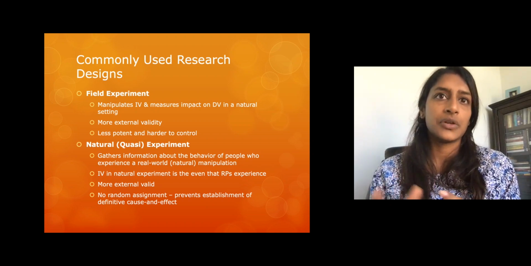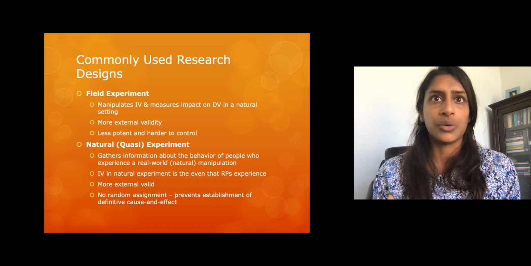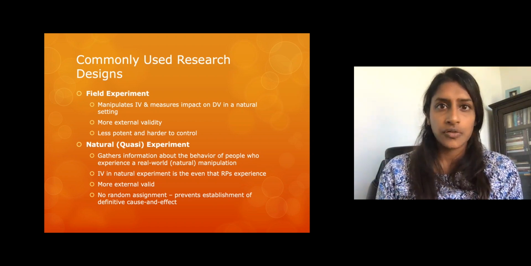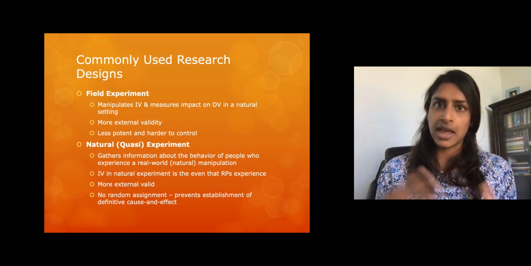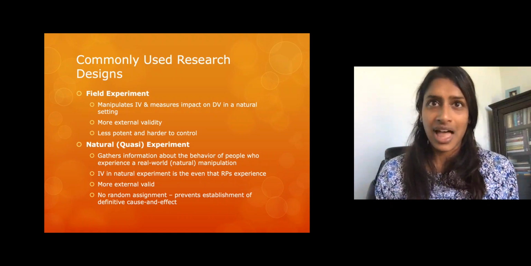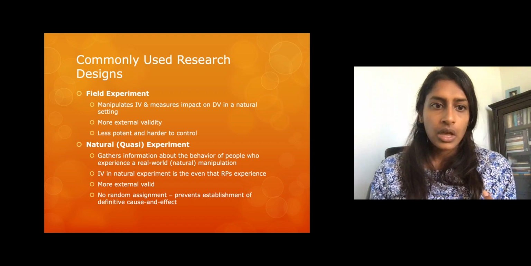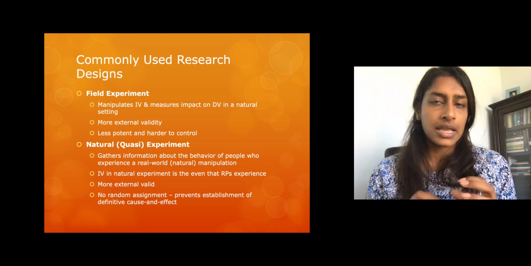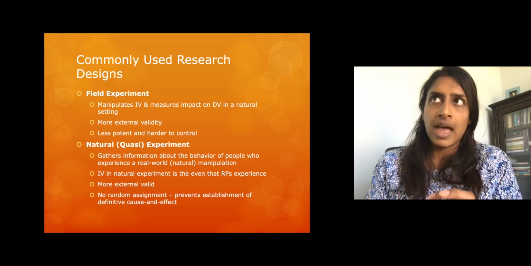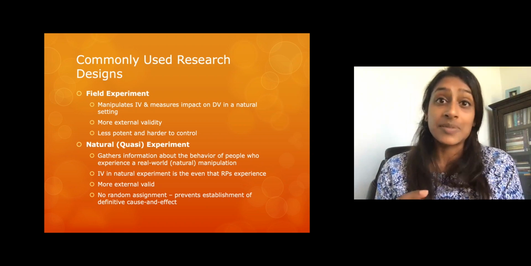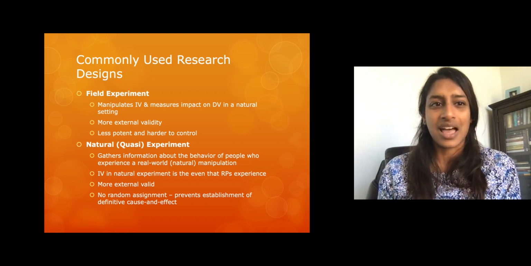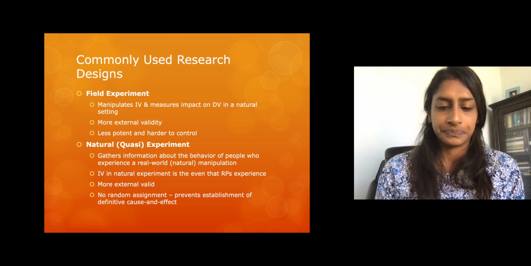Within this kind of field experiment, the natural setting is really, really important. Our external validity then will be high because now I'm looking at it in real life, but it can be harder to control. And so again, we have trade-offs for the types of experimental designs that we are using.